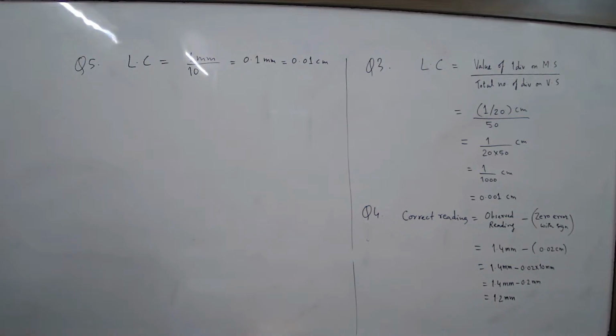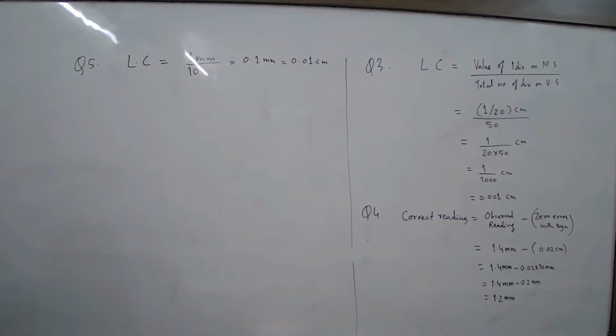This is given to confuse you, that 10 divisions on the vernier scale are equal in length to 9 millimeter. That's okay. There is another formula for calculating the least count: the difference between 1 division on main scale and 1 division on vernier scale.